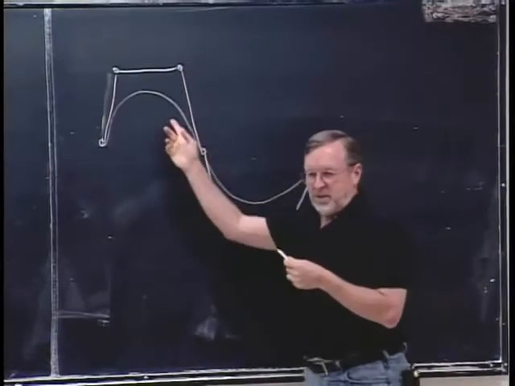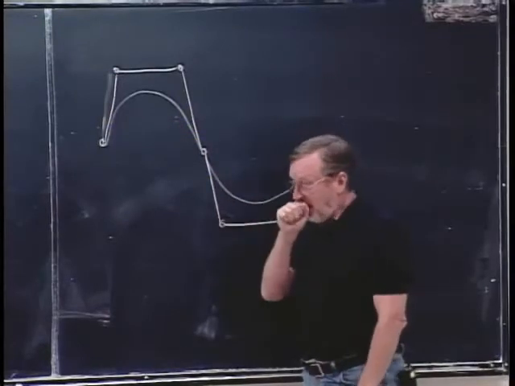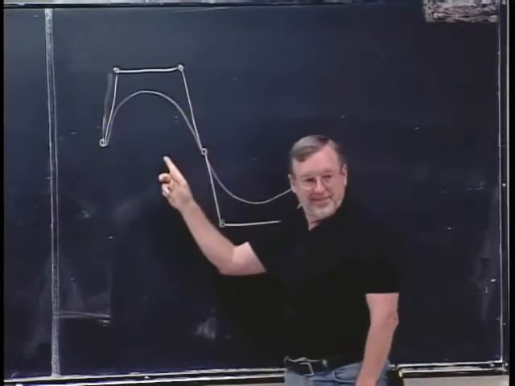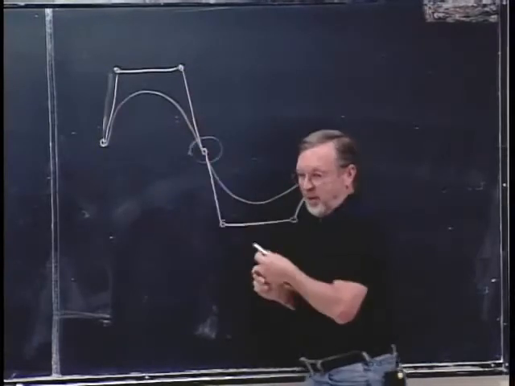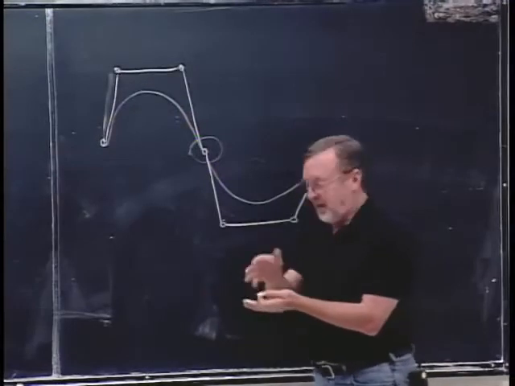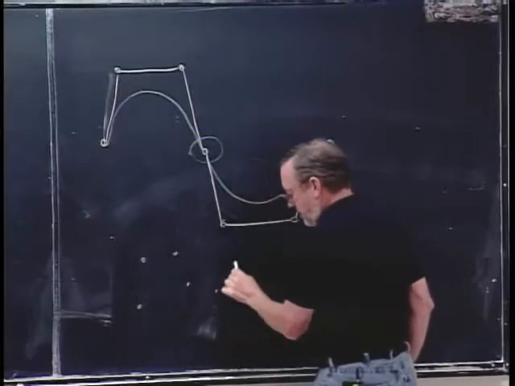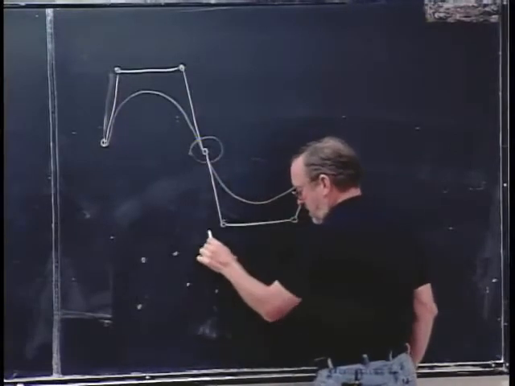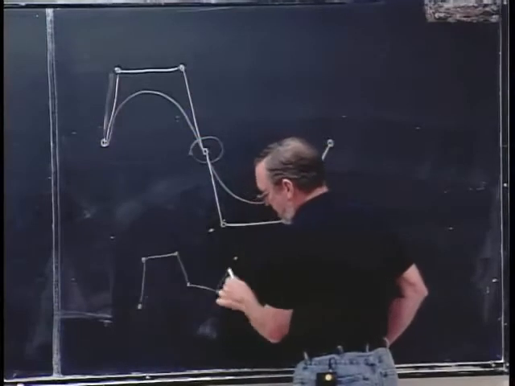In order to stitch two of these curves together, you've got a problem in that you want it to be smooth here. Okay, you want a kind of a smooth join here. If you have this case, like this, here you have this one, and then you have this one.